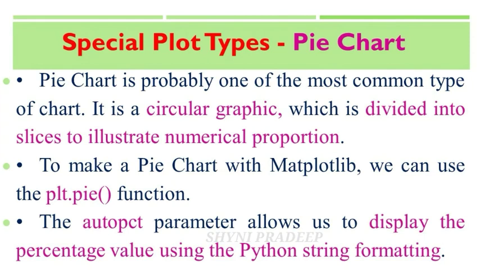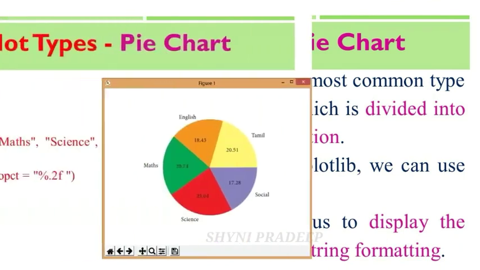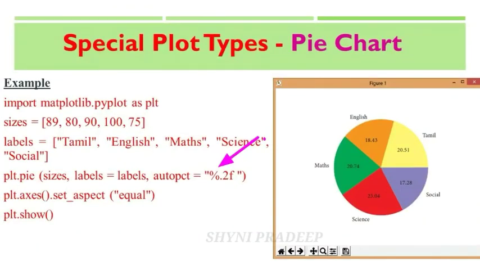To make a pie chart with the matplotlib library, we can use the plt.pie function. So plt.pie is used to make a pie chart with the matplotlib library. Here the autopct parameter allows us to display the percentage value using Python string formatting. Here you have to specify the percentage value.